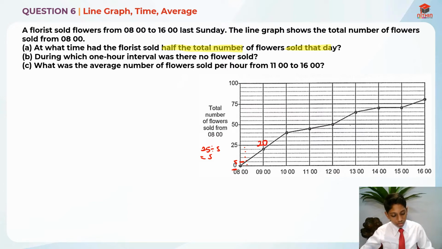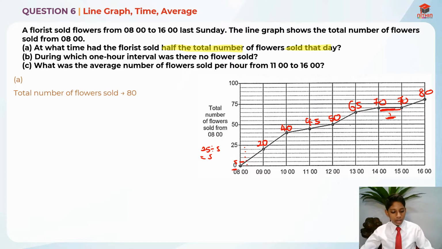For 1000, it's going to give me 40, 45, and then 50, 55, 60, 65 over here, 70, and then 70 again, because there is no movement in this line, there's no increase. So there were actually no flowers sold during this interval. And lastly, 80. So the total number of flowers sold is 80 on that day.